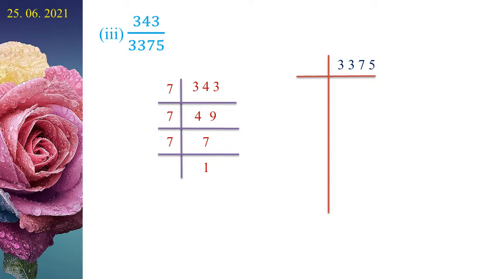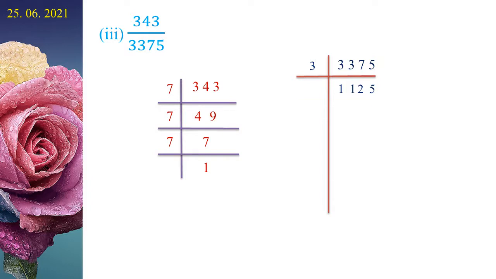Let's find the prime factors of 3375. The number 3375 is divisible by 3. 1 3 is 3, 1 3 is 3, 2 3s are 6, balance 1, 15, 5 3s are 15.